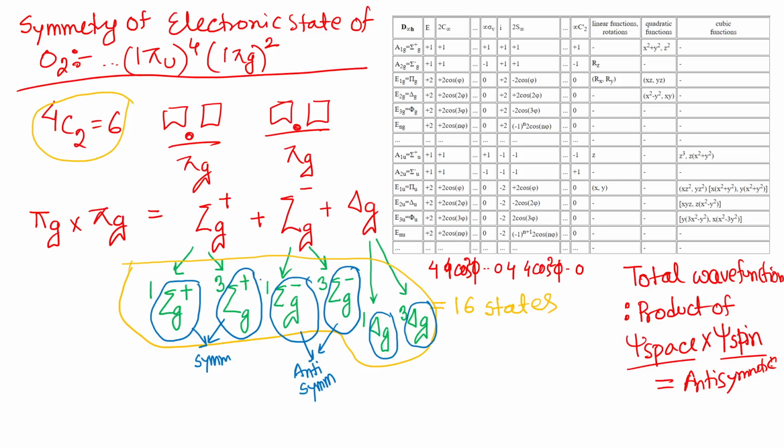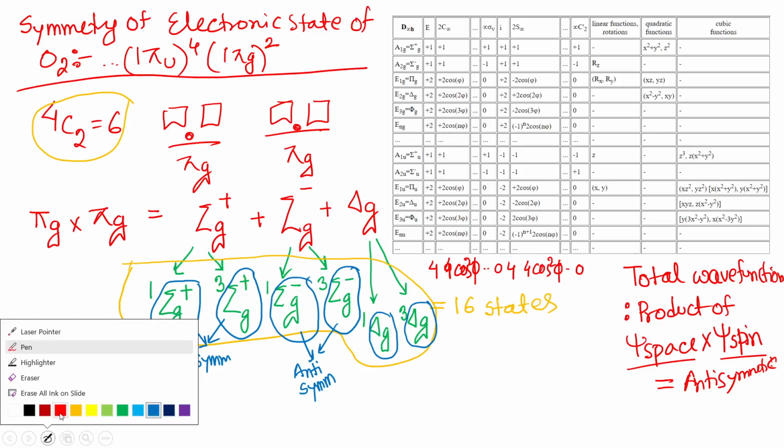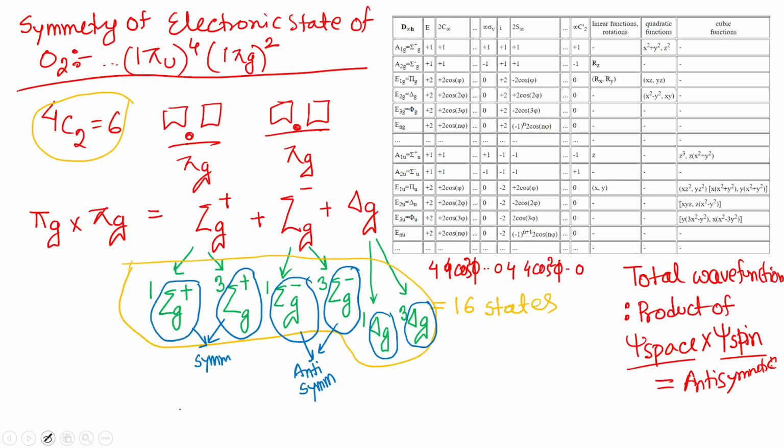Now we know for the first case our spatial part is symmetric, right? So my spin part has to be antisymmetric. What is the only possibility? Can you tell me, singlet or triplet, which one is antisymmetric? If my spatial part is symmetric, then my spin part has to be antisymmetric.